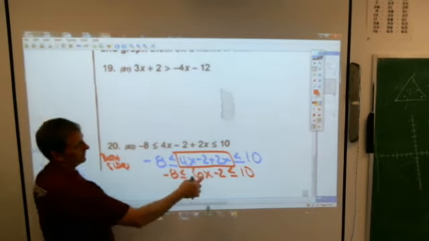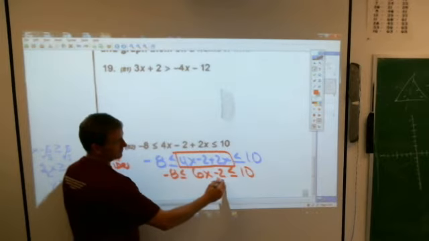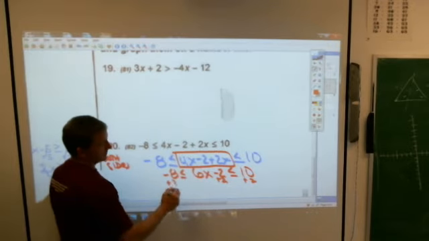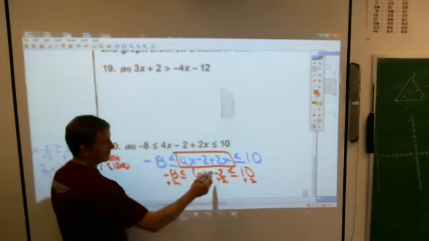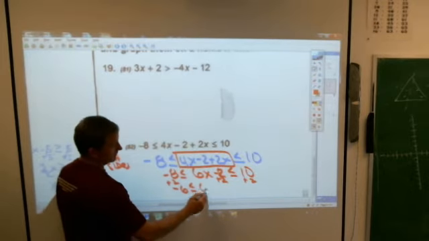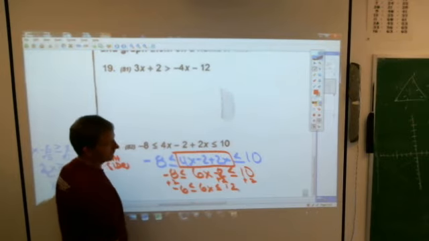In other words, I want to get rid of this minus 2, so I have to, as we say in 5th grade, plus 2. But I got to plus 2 on both sides. And if I plus 2 on both sides, this gives me a negative 6. 6x is by itself there, and this gives me a 12.